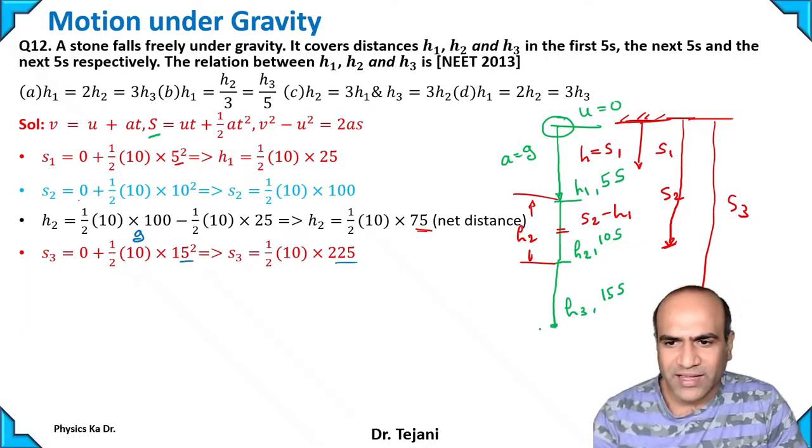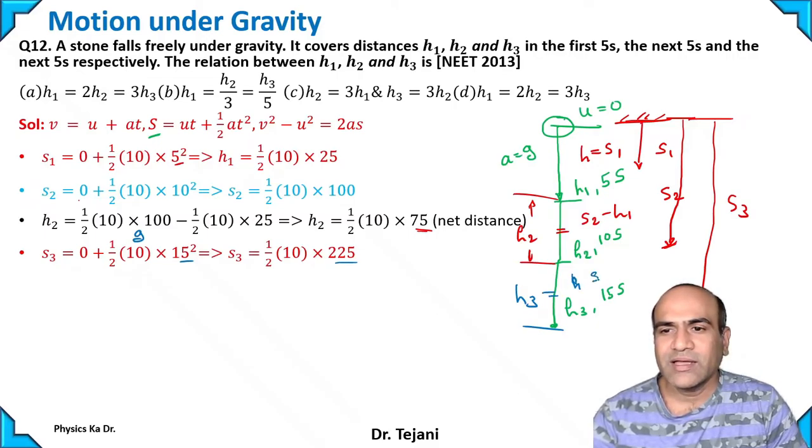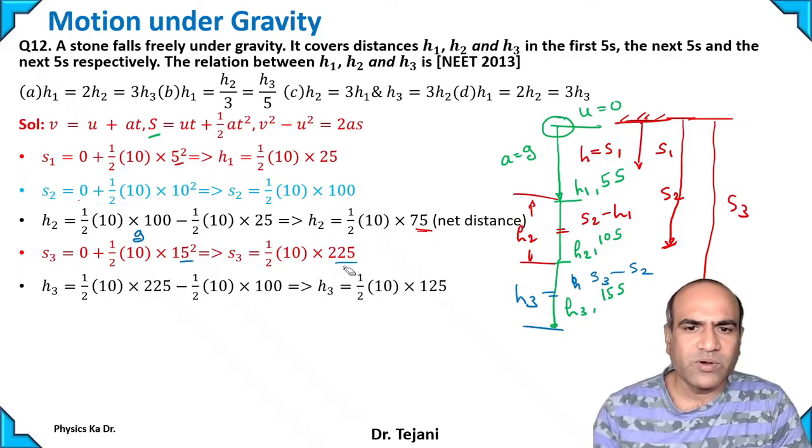And we need h3 is equal to s3 minus s2. Put the values here and find the answer, so it becomes 125.